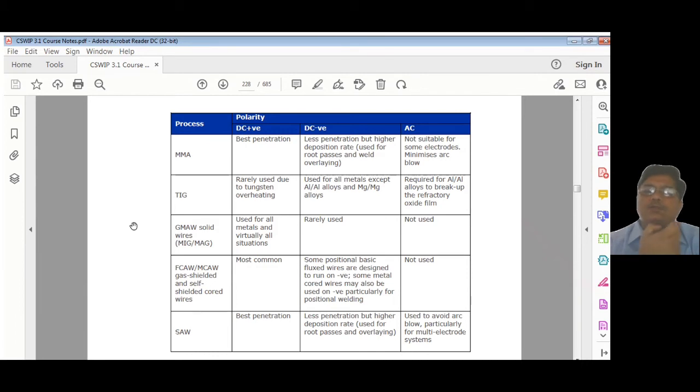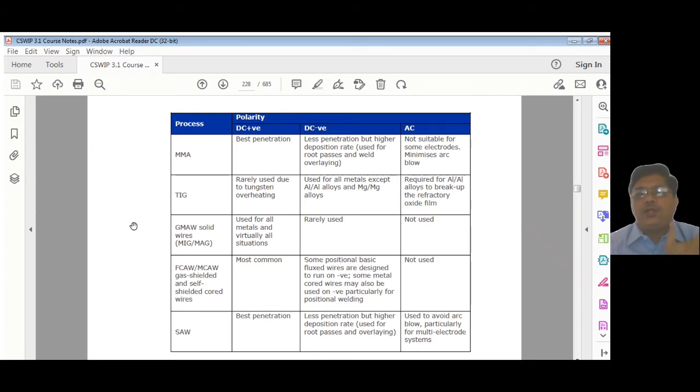And then once the root pass is over, they switch the polarity, giving negative to the material to be welded and positive, and start the hot pass with 7018. So between 7016 and 7018, these are the two important correlations.